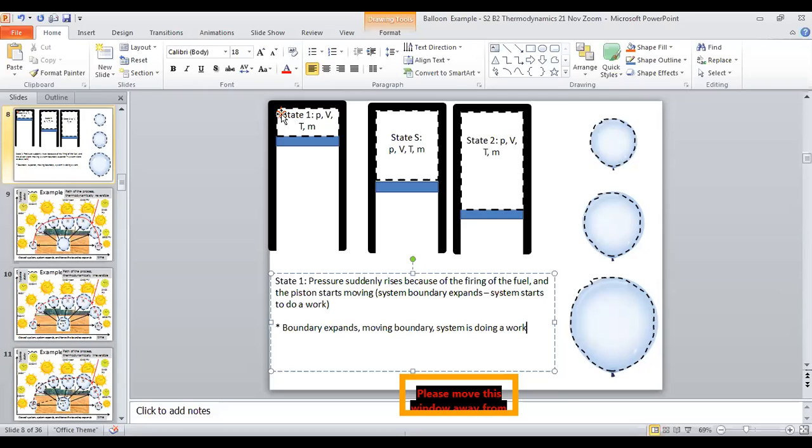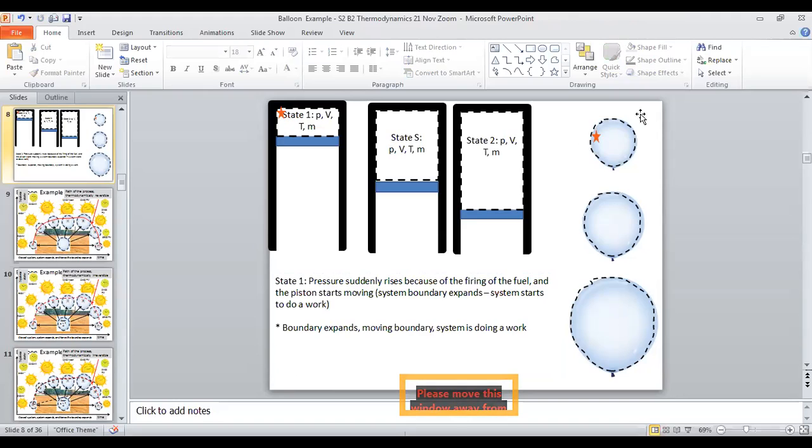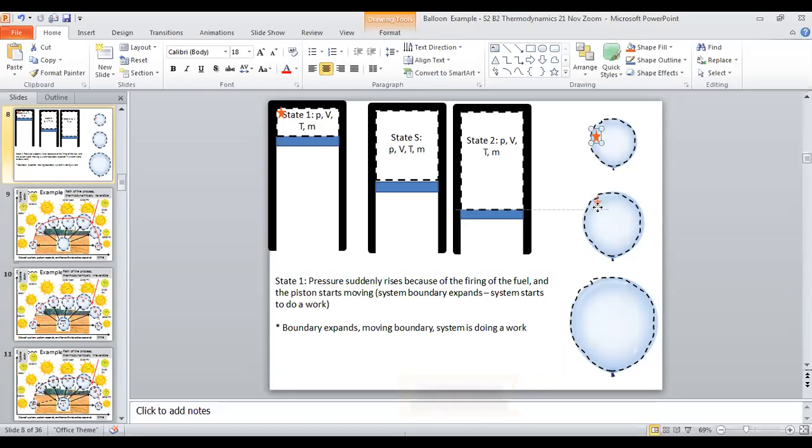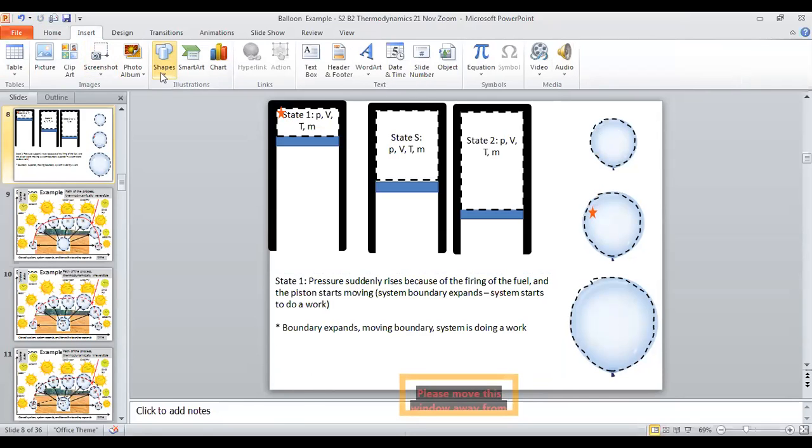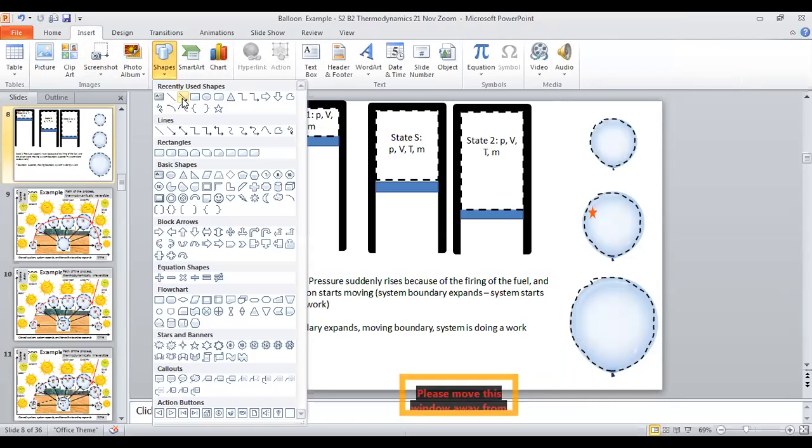Same way for the balloon, there is no fire, but slowly receiving of heat.